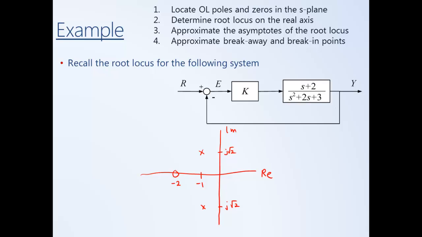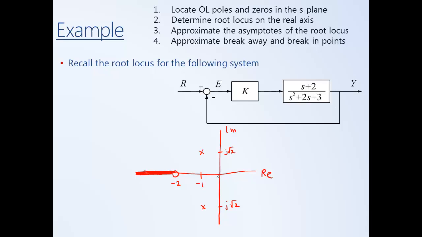So that's step 1. Step 2 is to determine the root locus on the real axis. If we look at the real axis, it's split up into two regions. There's the part of the axis that's to the right of our 0, and there's the part of the axis that's to the left of our 0. It turns out that our root locus is only located to the left of the 0, and I'll explain subsequently how to determine that.